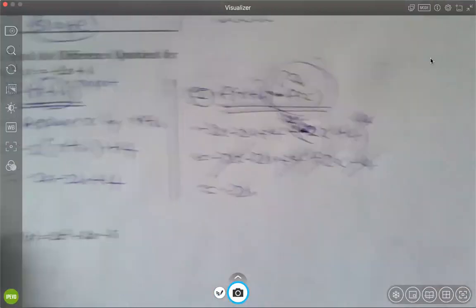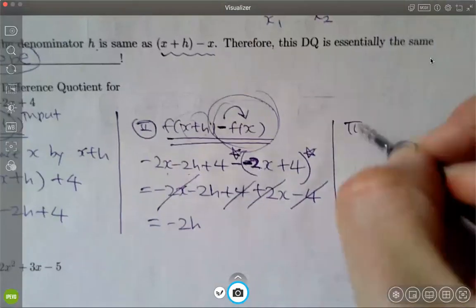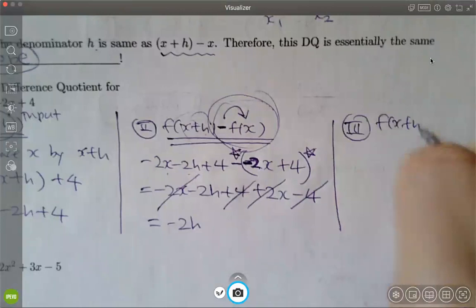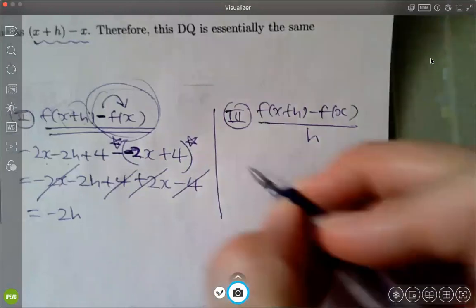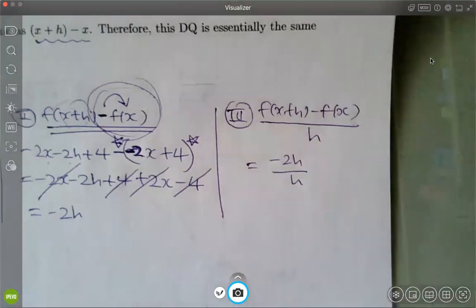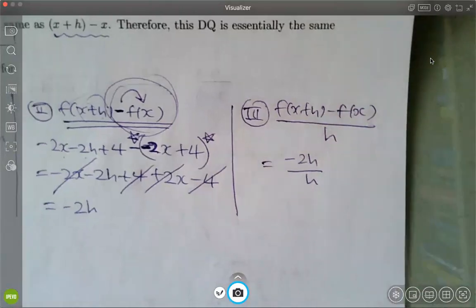Okay, so now that is the numerator. And now what is the final difference quotient? So this is equal to -2h over h, right? And now, is there a way to simplify this further? How do you further simplify?